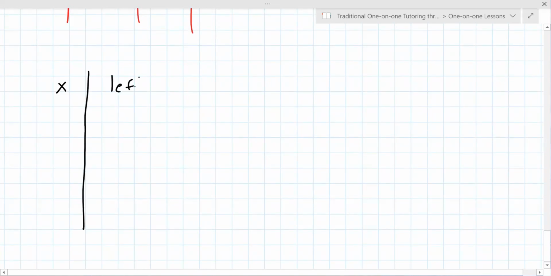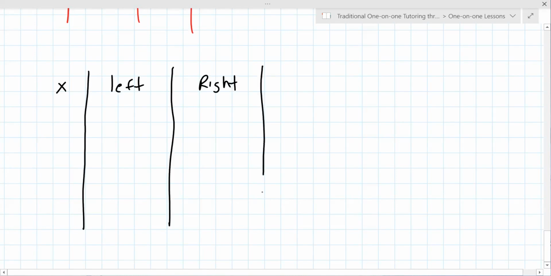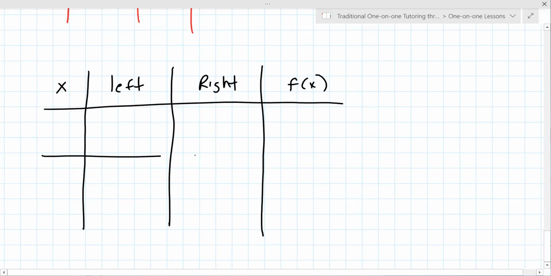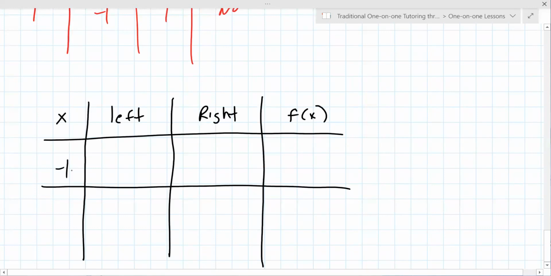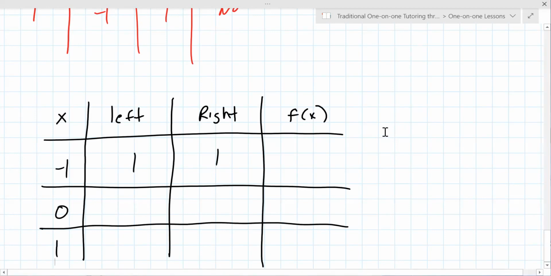So there's the left, there's the right, and these are limits, and then there's the f of x value. So I'm going to copy these in from the previous tables there. So x is 0, and I think this will really help you to understand limit exists and then continuous.